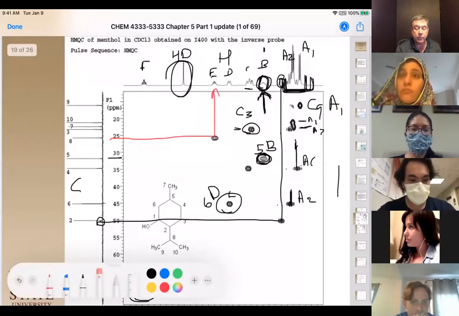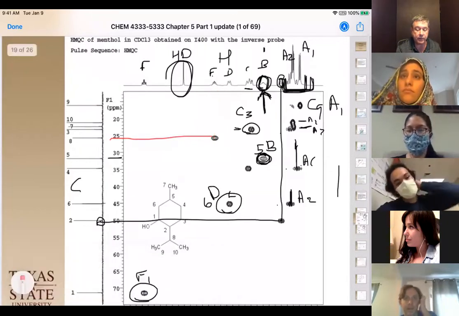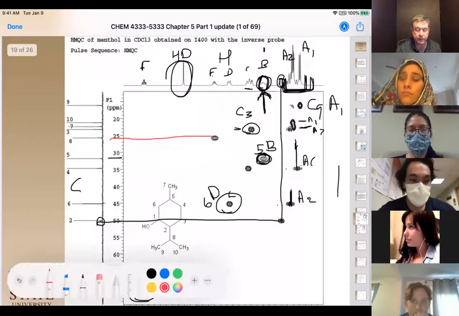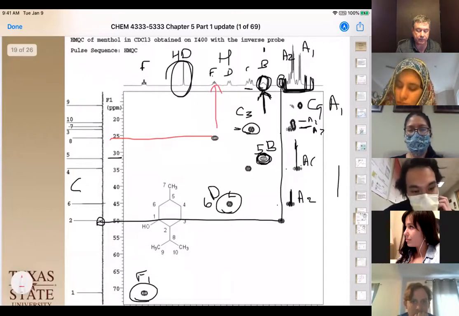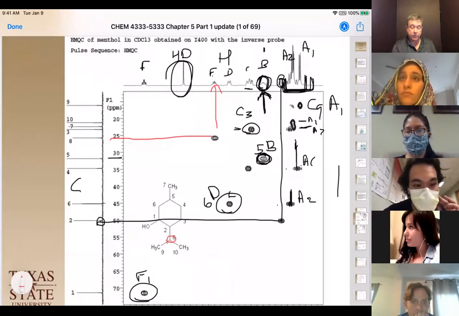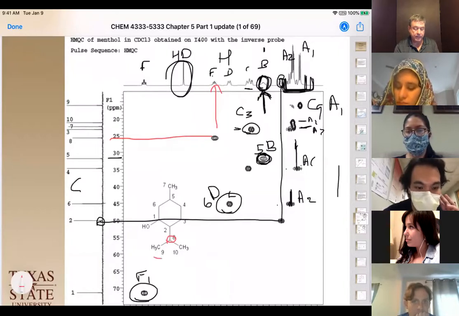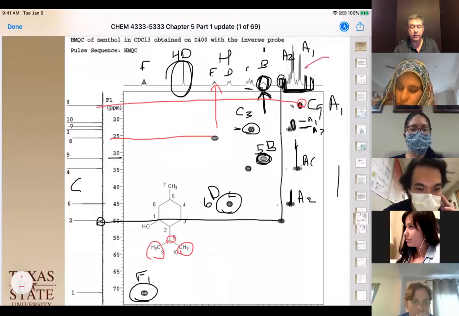And if we looked at the integration and saw that this had 1 hydrogen on it, we would be very confident that we had that group there. Notice it's kind of split into a multiplet. Carbons 9 and 10 have these methyl groups right here, so they're associated with this first peak here.